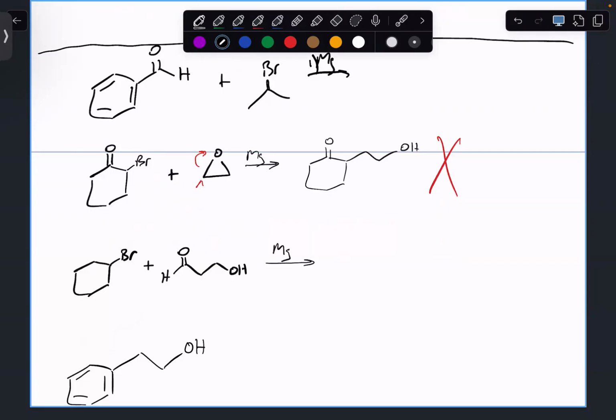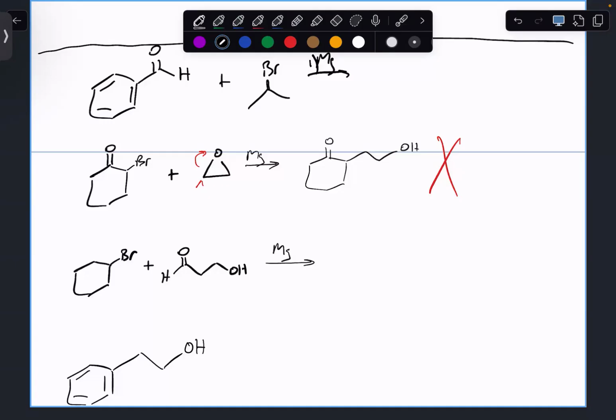I mean, you might be able to isolate some of what you wanted in, I don't know, a handful of percent yield, but you would also spend an inordinate amount of time cleaning up that mess to even isolate that small percentage of product. I would just write X. You would never do a reaction like that.